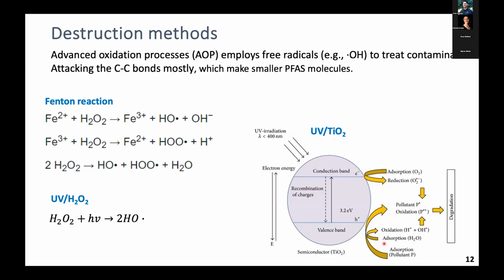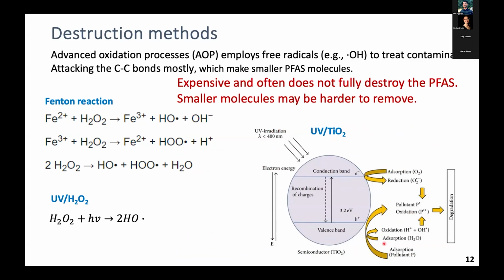So these advanced oxidation processes are pretty mature technologies in general. They're being applied for PFAS molecules. They're kind of expensive. You have to put a lot of energy in to do it. They don't really destroy the PFAS molecule. They break it into smaller pieces.